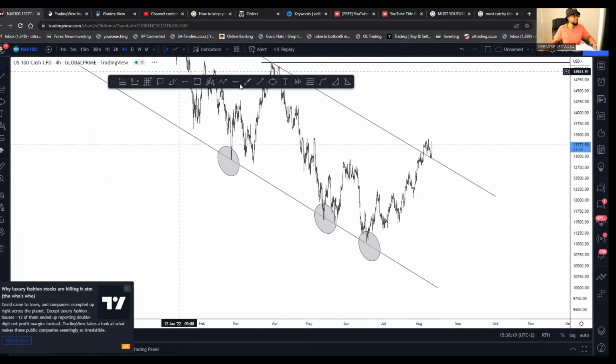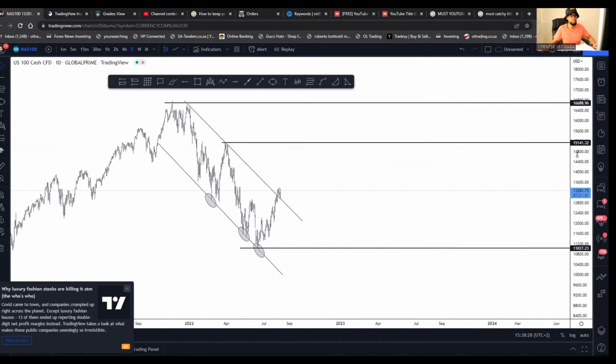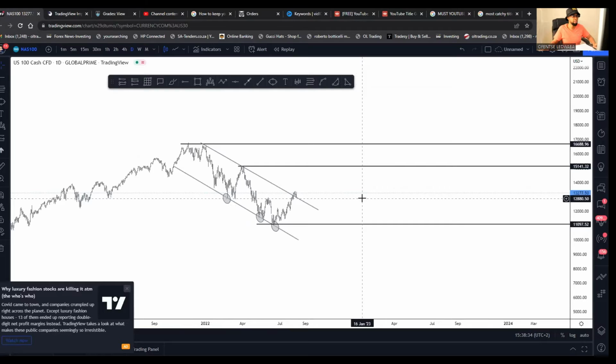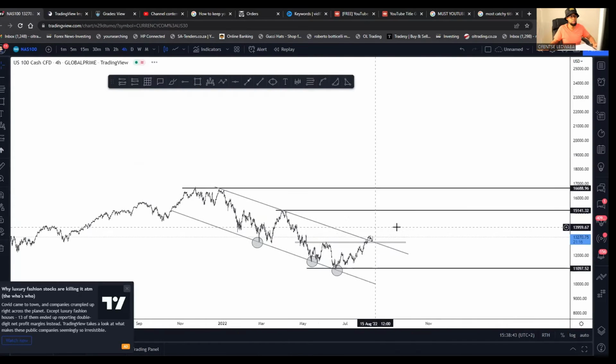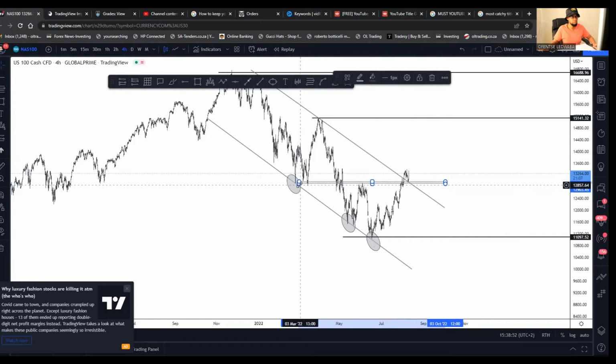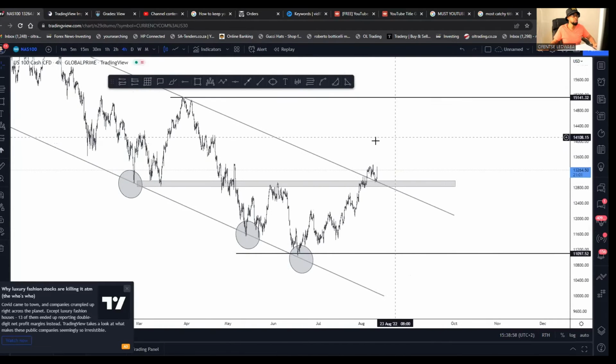Always avoid, guys, drawing many lines. So I'll also draw my lowest point. Let's go to daily so that I can emphasize it more. This is our lowest point, our sensitive area. Let's go to 4 hours so that it can be much clearer. This area is very sensitive, and then we go to 1 hour.